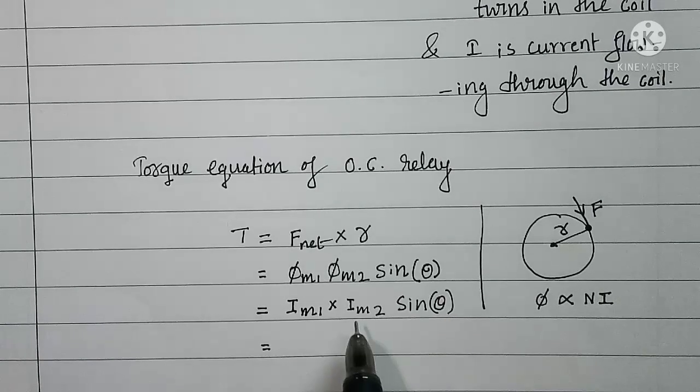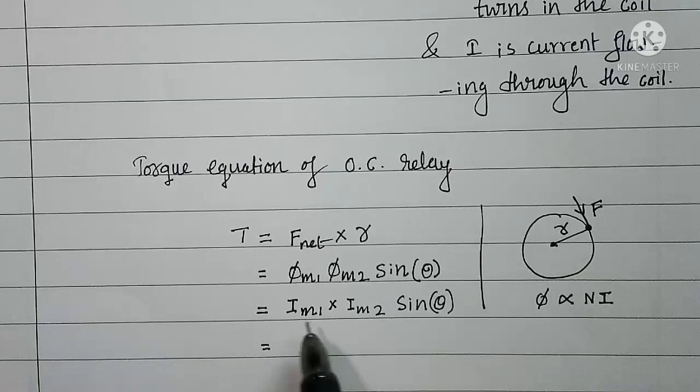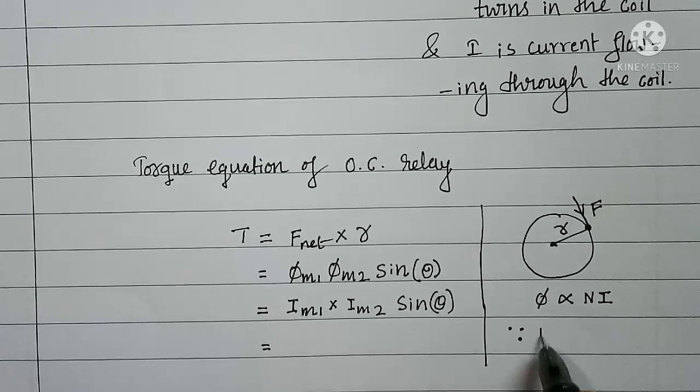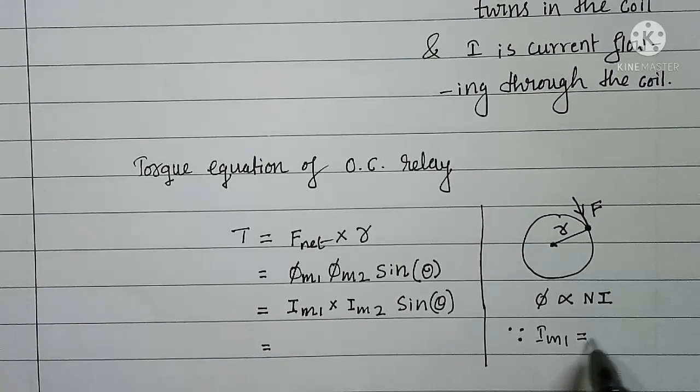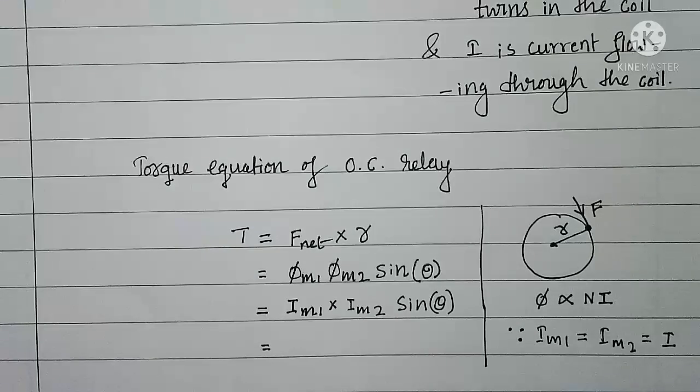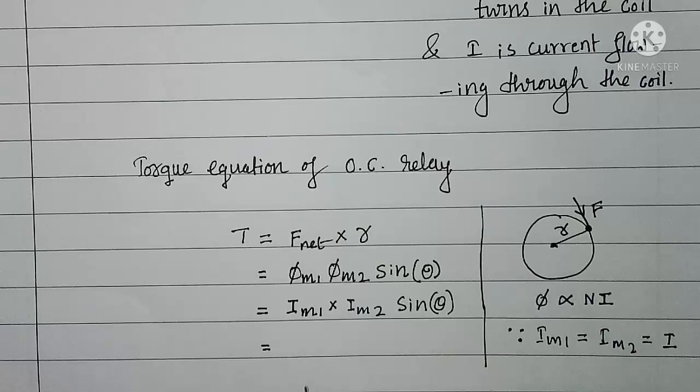But there is only one current, that is fault current, flowing through the coil. So Im1 and Im2 are equal. Since Im1 is equal to Im2 is equal to I, you can write I square into sin theta.